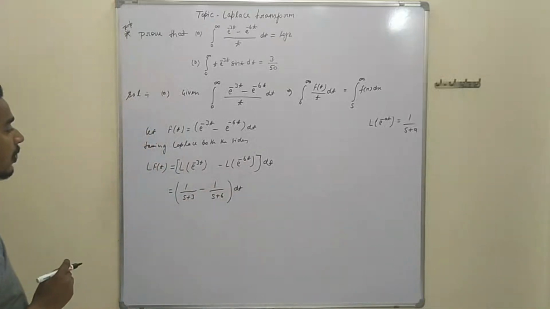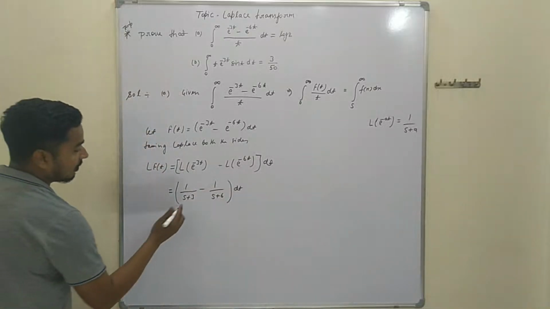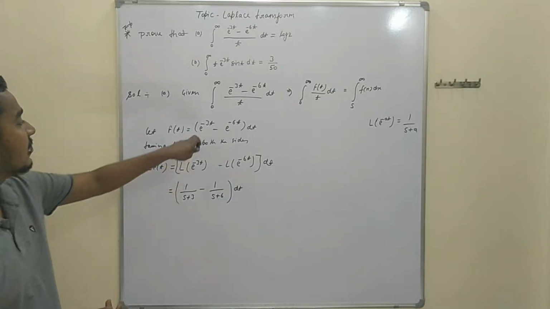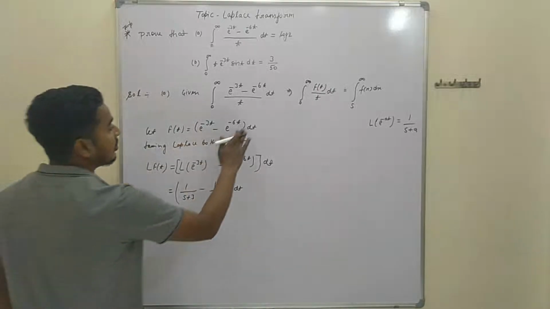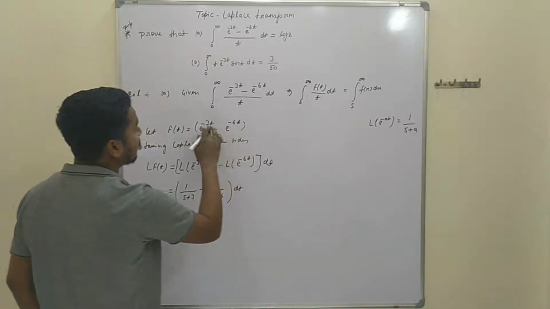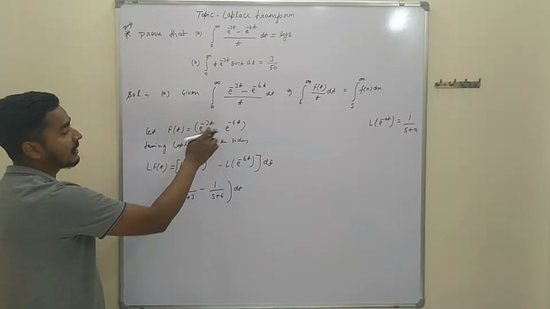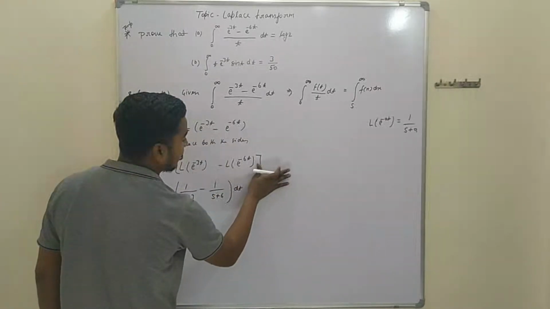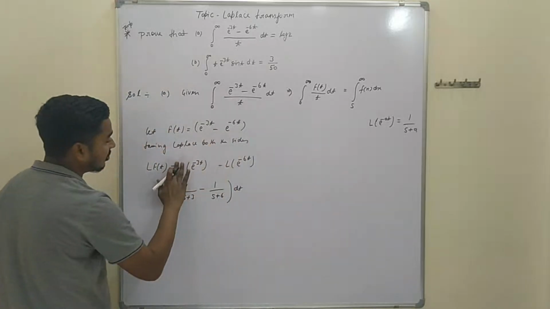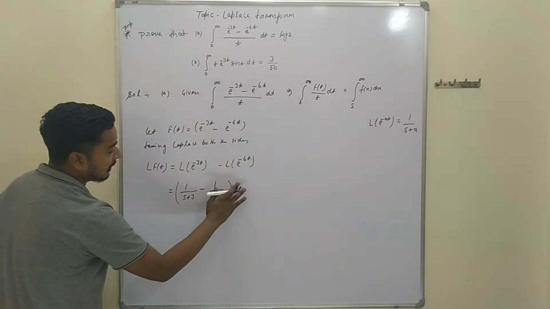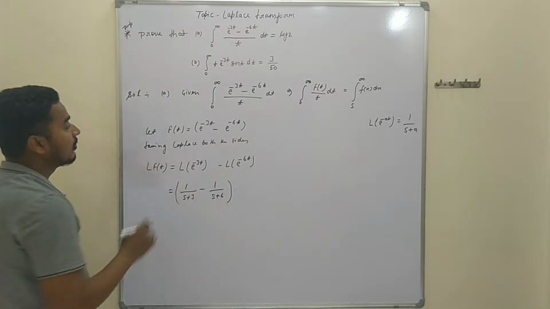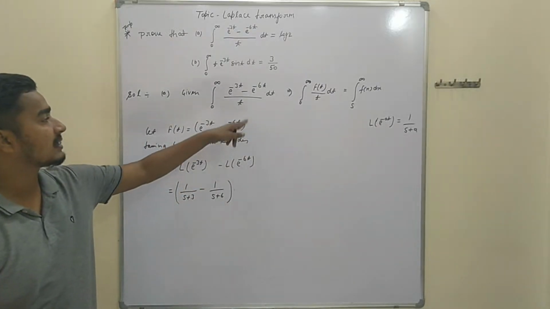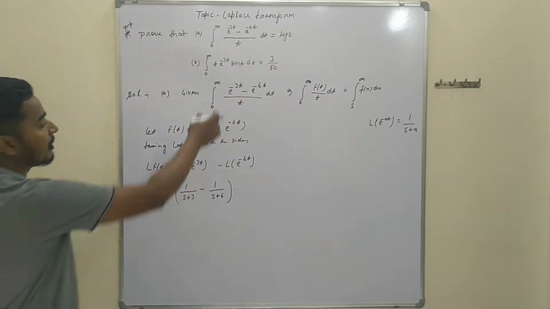Further, we only solve for Laplace of f(t) equal to e to the power minus 3t minus e to the power minus 6t, so we do not consider dt in the function. Then we put the value of e to the power minus 3t minus e to the power minus 6t in the above integral.